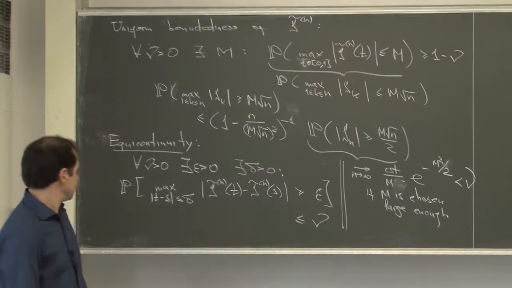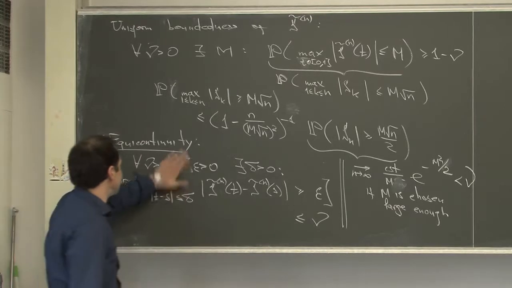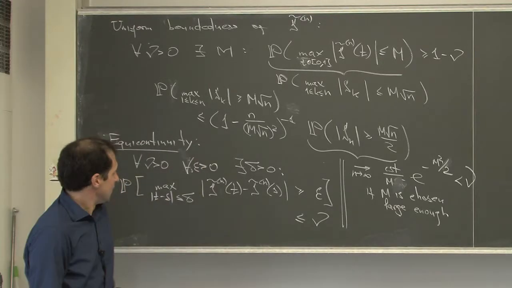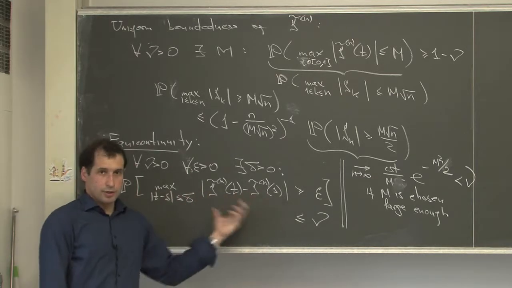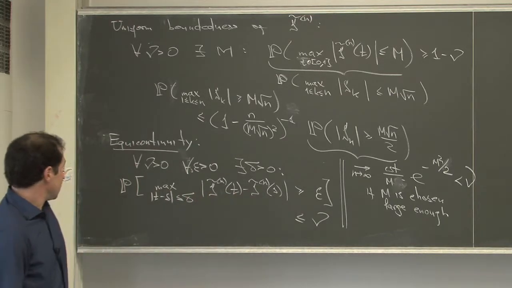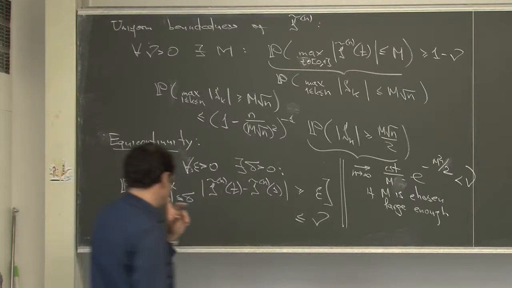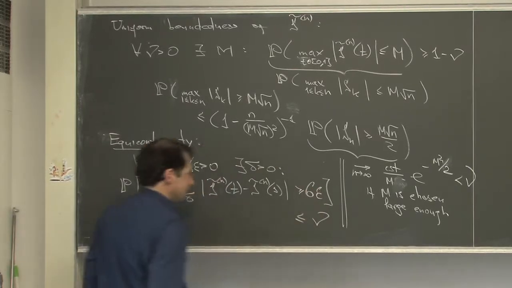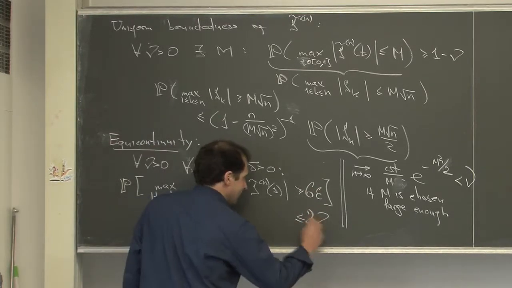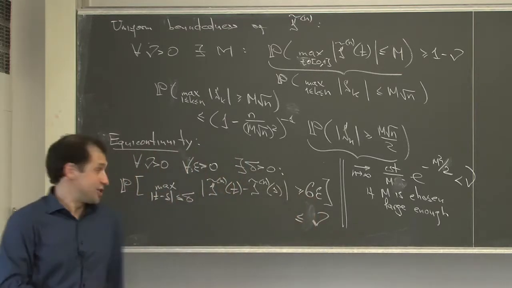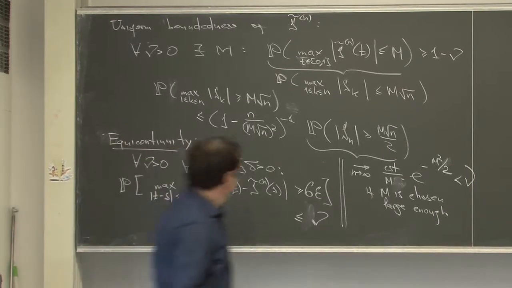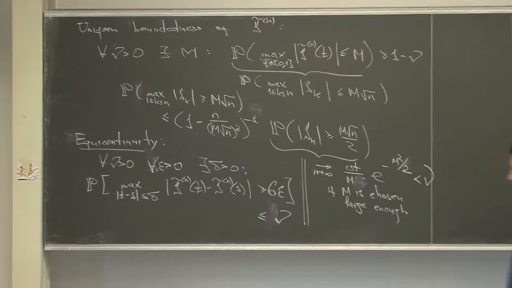This is for all epsilon. Oops, yeah, this is for all epsilon. Thanks. Okay, so this is what we need. And let me put whatever, maybe 6 here. Maybe 2 here, it's not important. Just for convenience. Okay, so what is the idea?